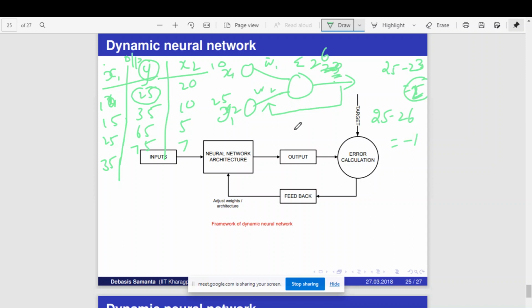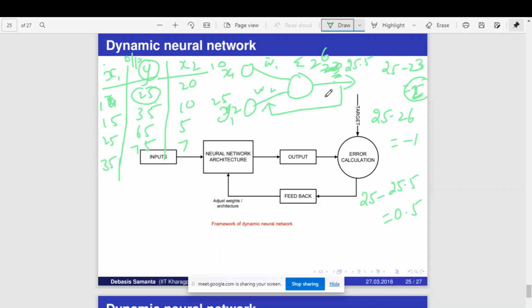Again this will be given as feedback, right? Once again you adjust. Say after adjusting this time, the output may be 25.5. So again calculate the error: 25 minus 25.5, now the error is 0.5. Again give this error as an input and adjust the weight.